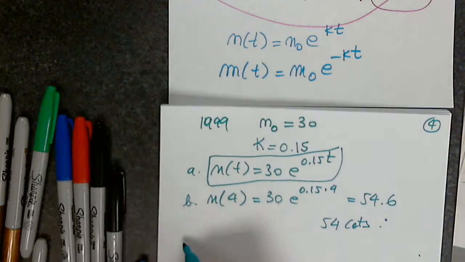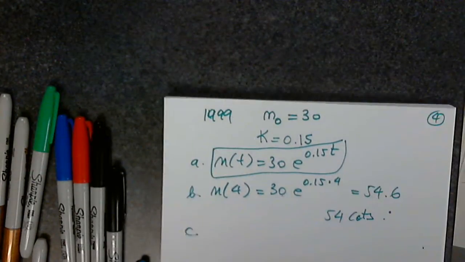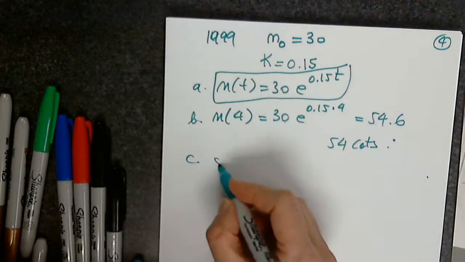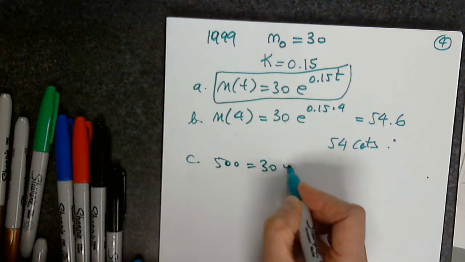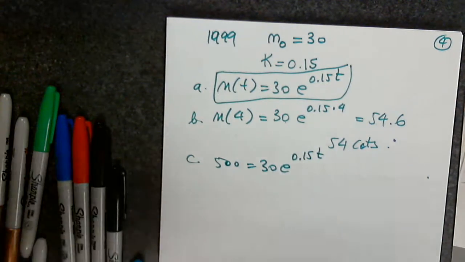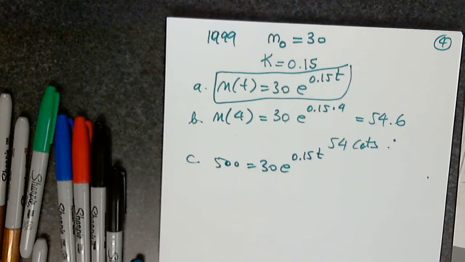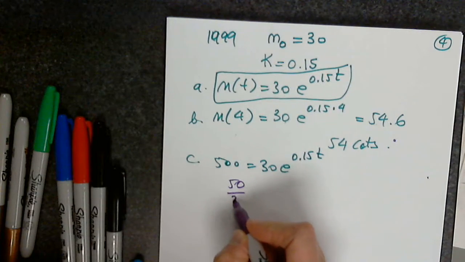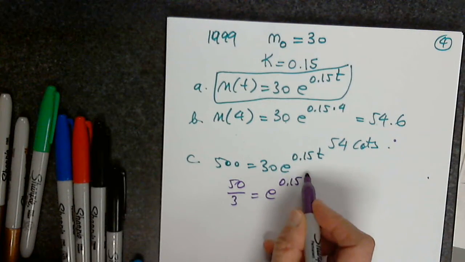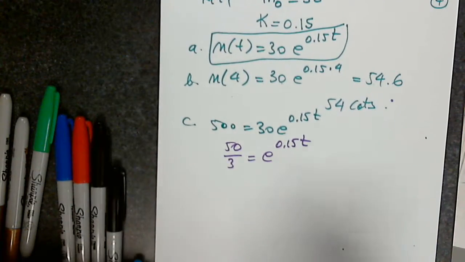Find the number of years required for them to reach 500. So what do I do in part C? That equals 500. So I have 500 equals 30 e to 0.15 t. We know how to solve this, but first we have to clean it up. How do I clean it up? You divide by 30. So first I have 50 divided by 3 equals e to 0.15 t. And you multiply each side by natural log.